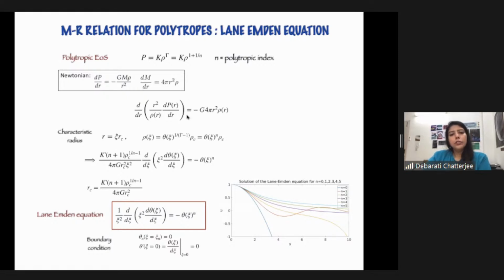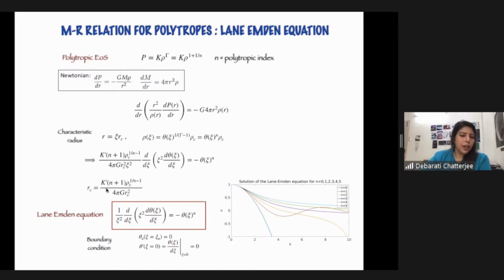We can similarly write rho of r as rho of zeta, written in terms of a function theta times rho_c. Again, theta is dimensionless and rho_c is a characteristic density. Now if we put these dimensionless quantities in, we get an equation purely in terms of dimensionless quantities, which is just a mathematical equation that can be plotted. The characteristic radius we get from this equation is the quantity given here.